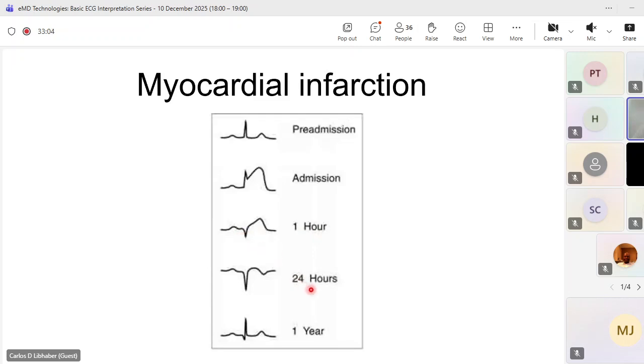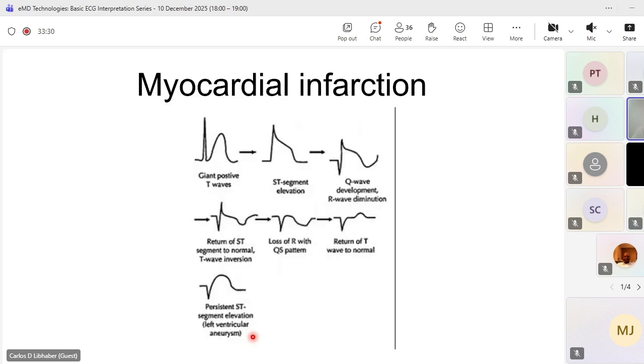After 24 hours, you have a Q wave, no R whatsoever, an inverted T wave. Here, it's late to intervene. And after 1 year, I can see a Q wave, I can see some recovery, but there is necrosis most probably.